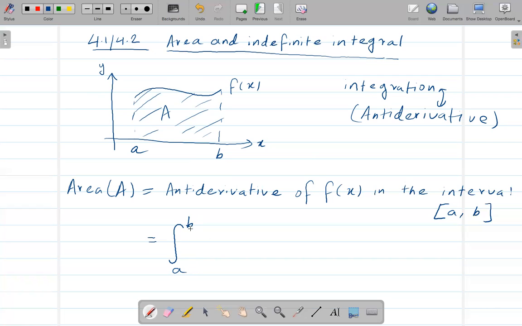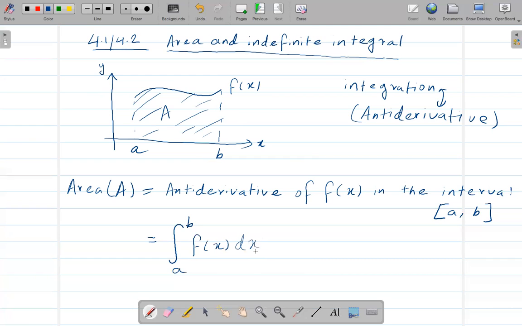All right, and we're trying to find the area of this function, so that function is going to go here. And since this interval is on the x-axis, that means we are taking the integration or antiderivative in terms of x, so we're going to write dx.